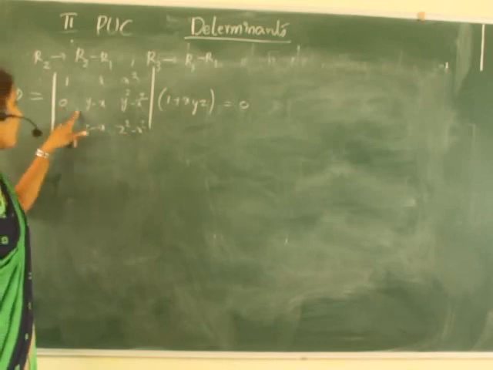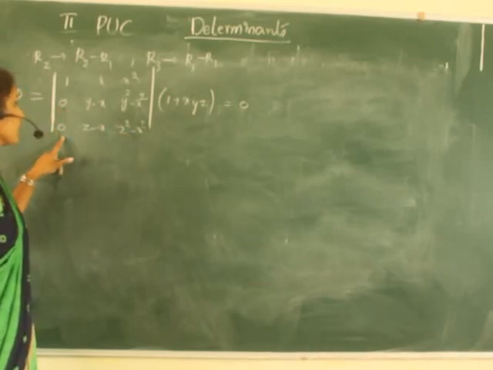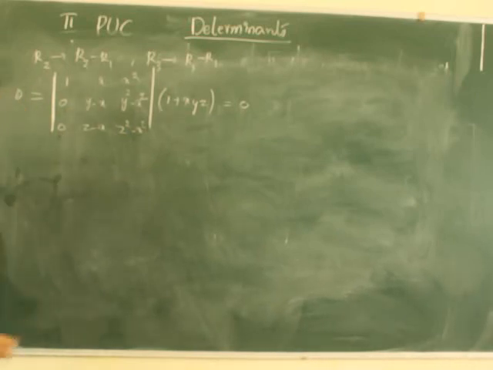That means from R2 I have to take y minus x common, from R3 I have to take z minus x common.